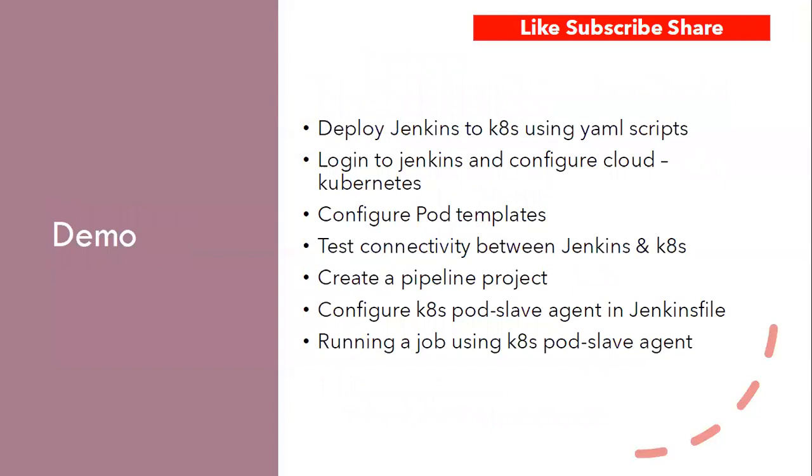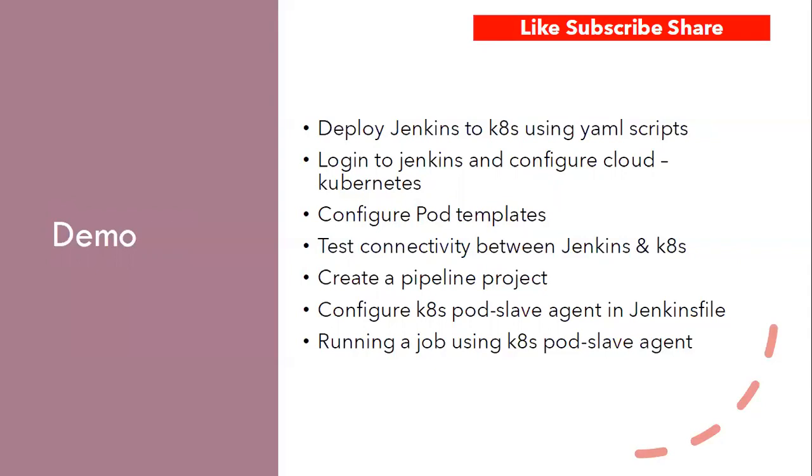Okay, so what we are going to do in the overall demo, we will deploy Jenkins to the Kubernetes using YAML scripts. Once your YAML scripts are loaded into the Kubernetes, we have to log into Jenkins, and then through Jenkins, we have to configure the cloud, that is Kubernetes. While doing the configuration, you have to configure the pod template for Kubernetes. You have to test the connectivity between Jenkins and Kubernetes.